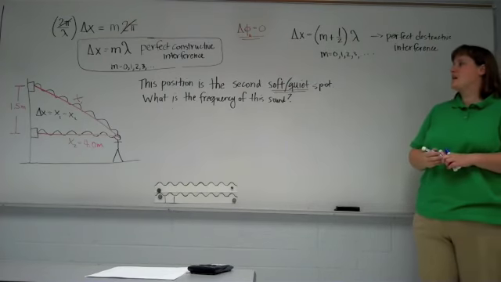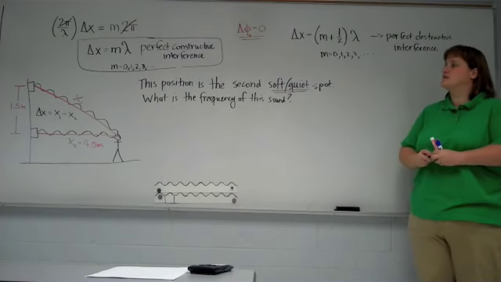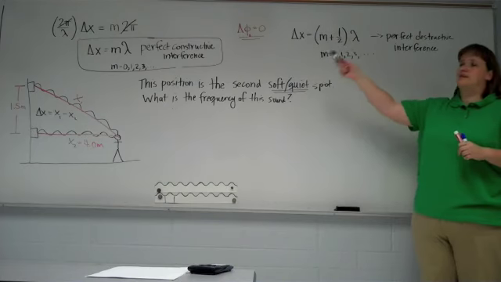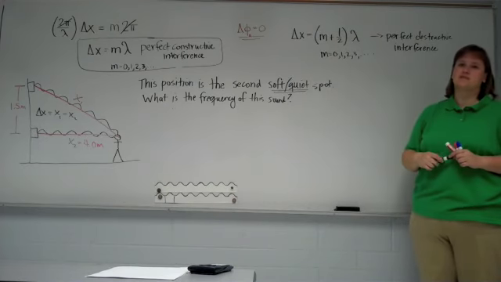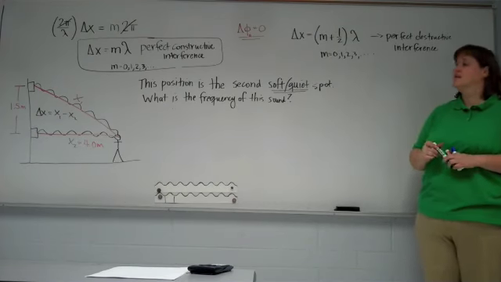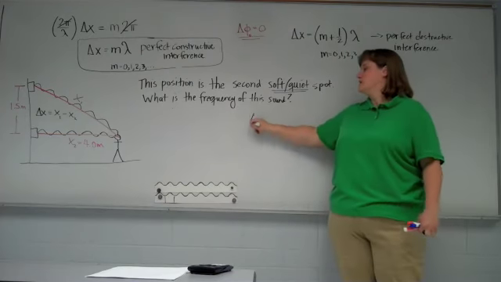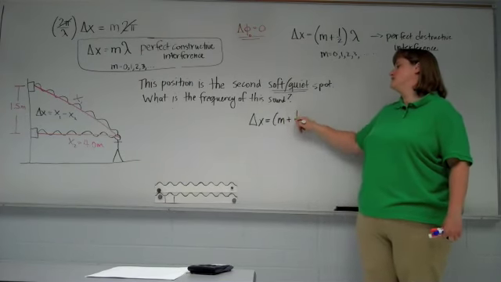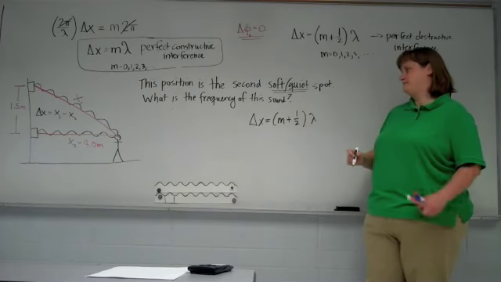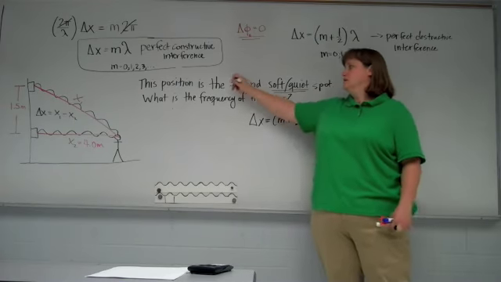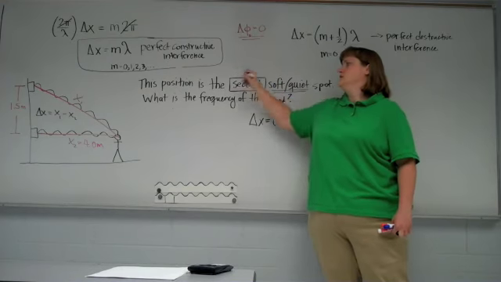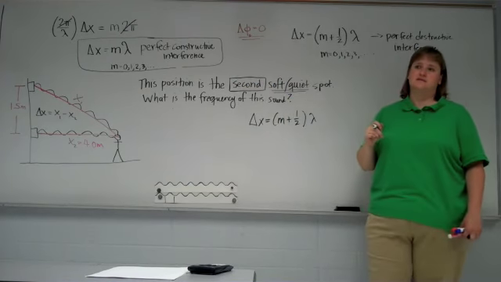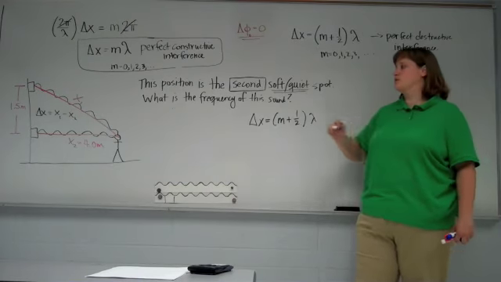If this is a soft or quiet spot, which situation are we experiencing? Constructive or destructive? Destructive. So we know delta x is m plus 1/2 lambda. Second, that's going to refer to our m value.